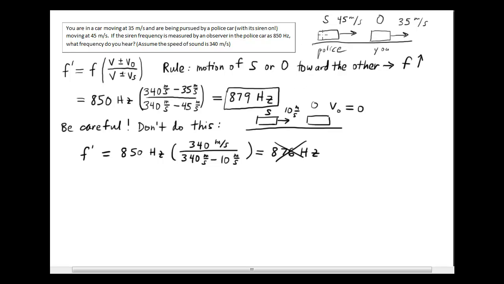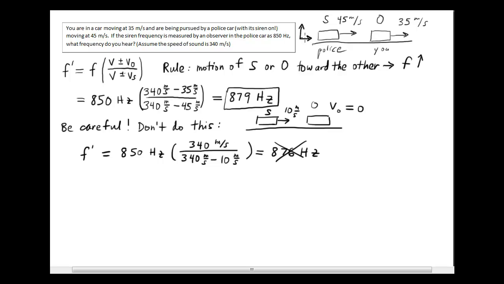So we have an observer somewhere here who's not moving with either the source or the observer. This is someone who is watching them go by, and this is the person who's at rest who measures the speeds, right?